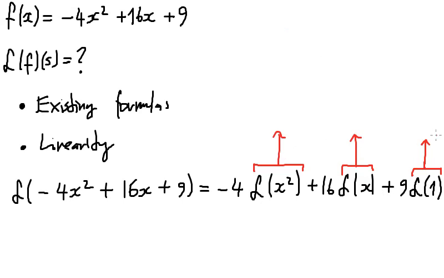They all actually come out from the very same formula that says that the Laplace transform of x to some power n, irrespective of what the power is, but it has to be a natural number starting from 1 onwards, is equal to n factorial divided by s to the power n plus 1.